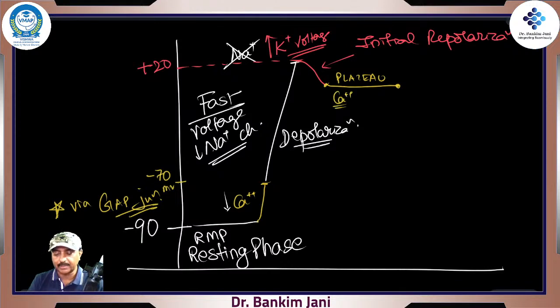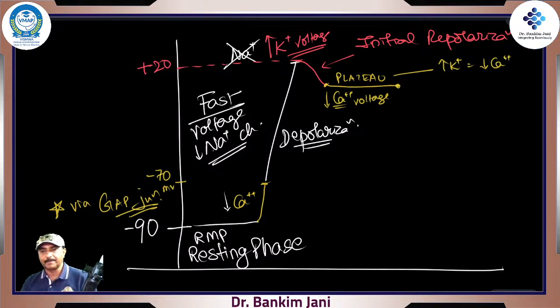Those calcium channels, once again, are voltage operated, so they open up. And when they open up, calcium will be coming in. It is at this point, because it is a plateau, that the amount of potassium going out is equal to the amount of calcium coming in. So they both balance each other ionically.